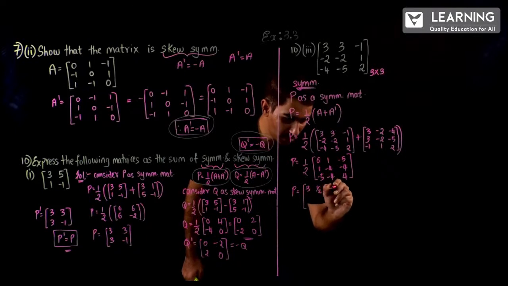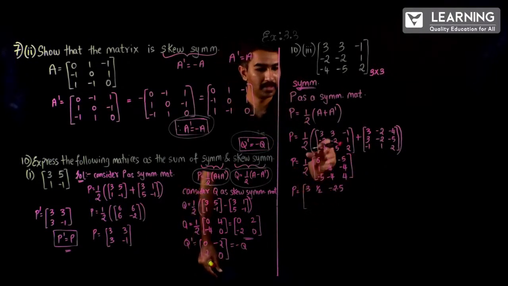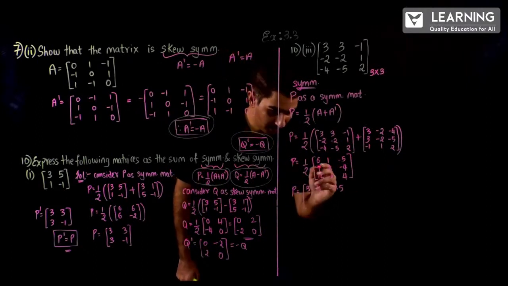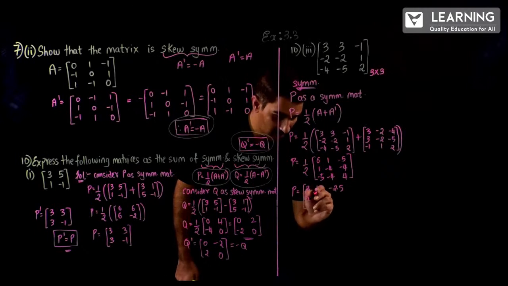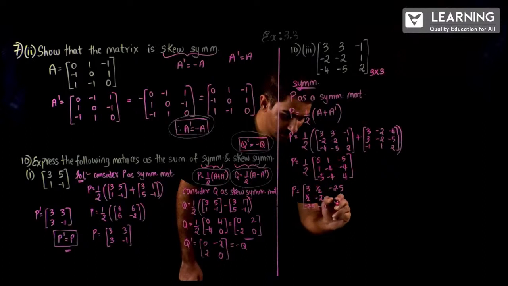Minus 5 by 2 is minus 2.5 will write. Okay, or you can also write minus 5 by 2. Both are same. So that is in the fractional form. This is in the decimal form. So this again will become 1 by 2. This will become minus 4, means it will become minus 2. This will become minus 2 again. This is becoming minus 2.5, minus 2 and 2.